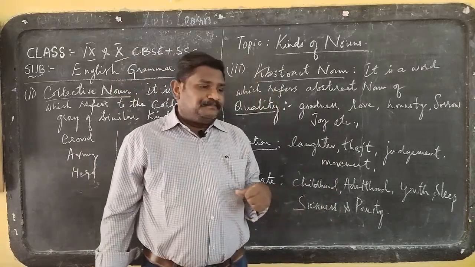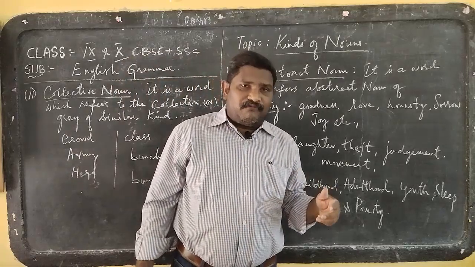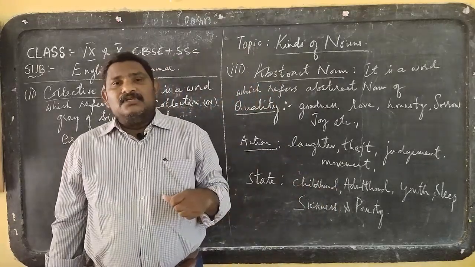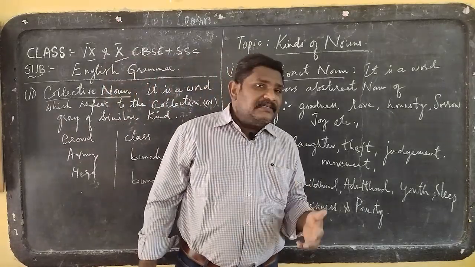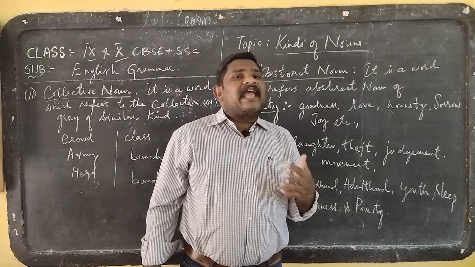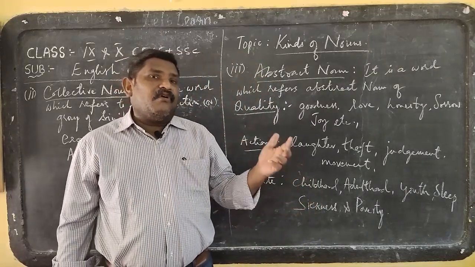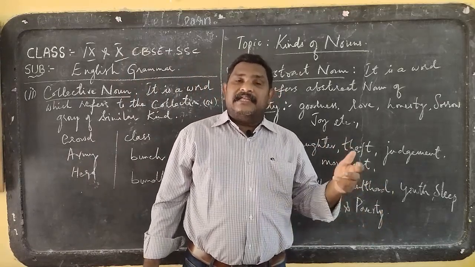For example, Ashoka is the king of Kalinga. When you look at this sentence, Ashoka is the name of a person, wherein it starts with capital A, and at the end of the sentence, king of Kalinga dynasty. Kalinga is again the name of a dynasty.